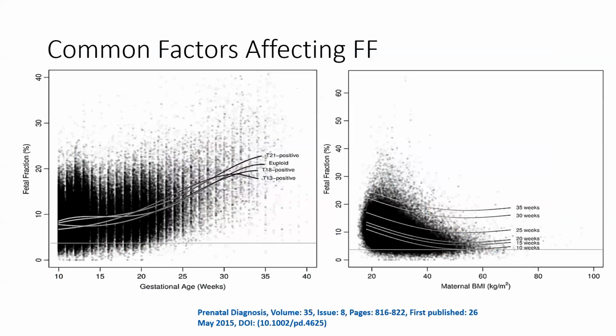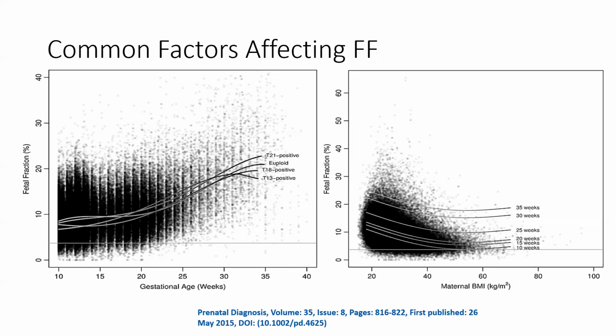We have many factors that affect the level of fetal fraction. The two most common are gestational age and then maternal BMI. Studies have shown that obese patients have increased apoptosis or cell death in their adipose cells, which then results in elevated levels of maternal cell-free DNA.